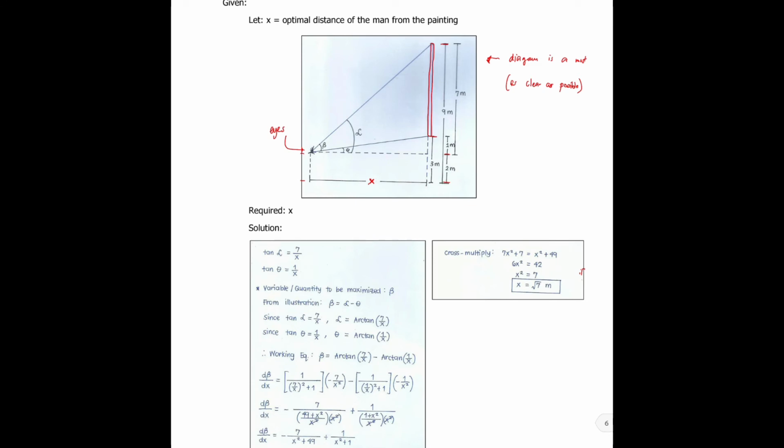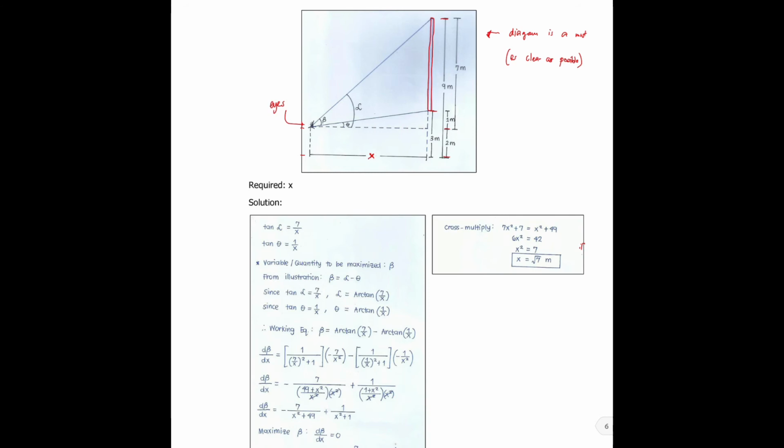Once we have drawn the diagram, we can better appreciate the problem and the variables we want to solve. So we have angles alpha, beta, and theta.